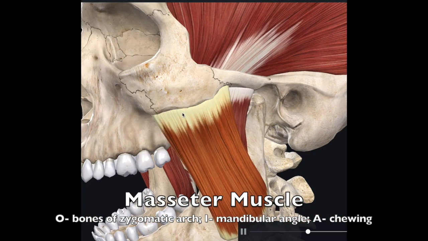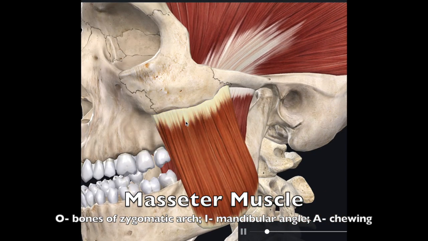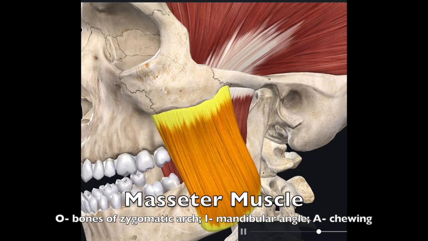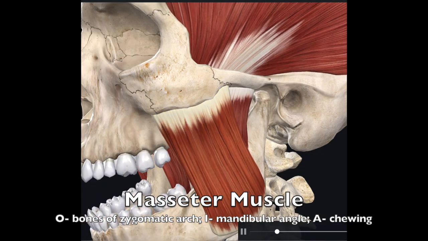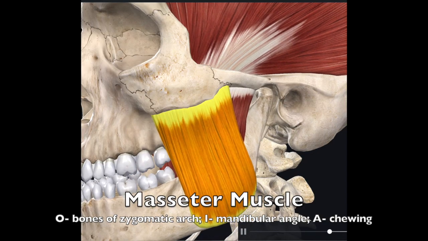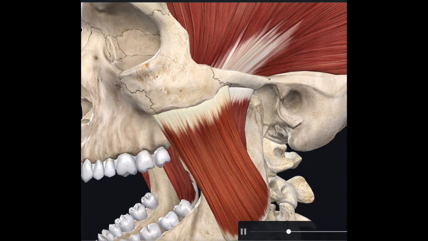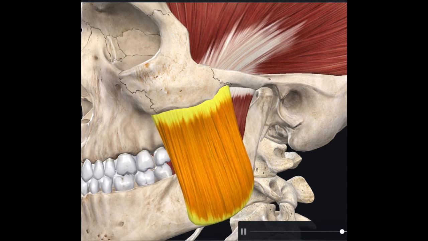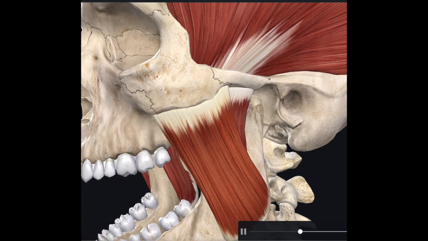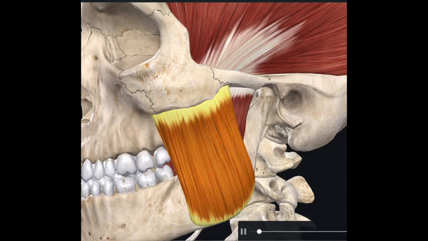Now in this animated video we can see the action, and so when it turns that bright yellow, it's showing us that it's been activated as it lifts, but in particular being sort of at that angle, it's really helping to clench our jaw closed during the chewing process.